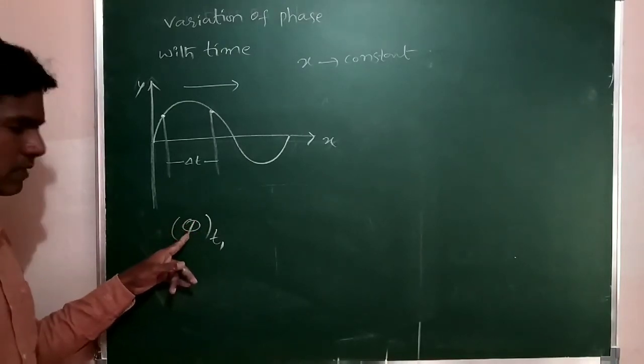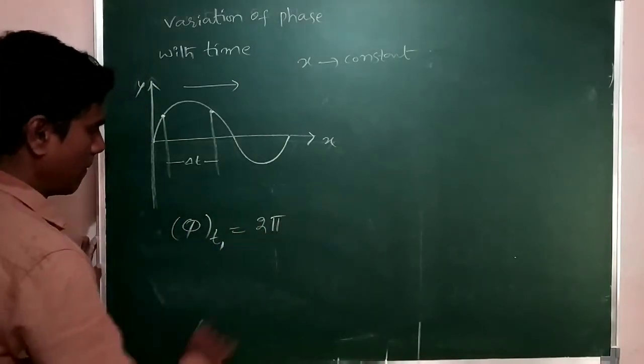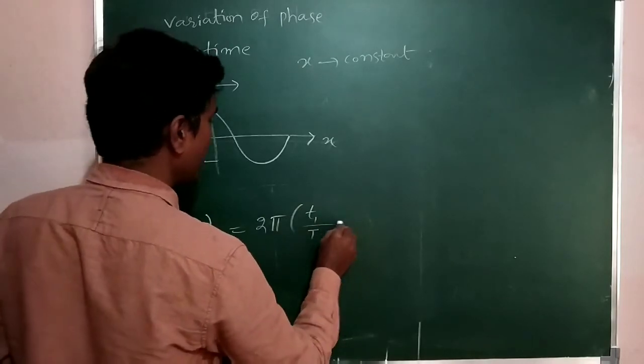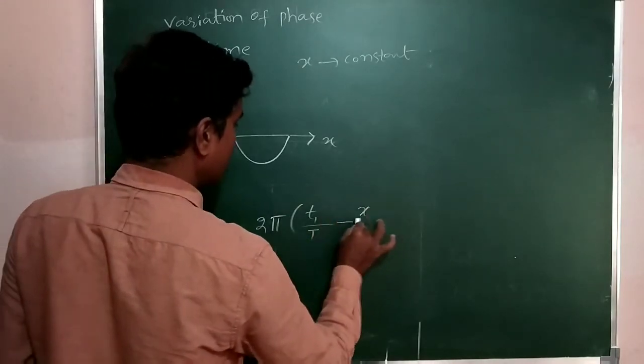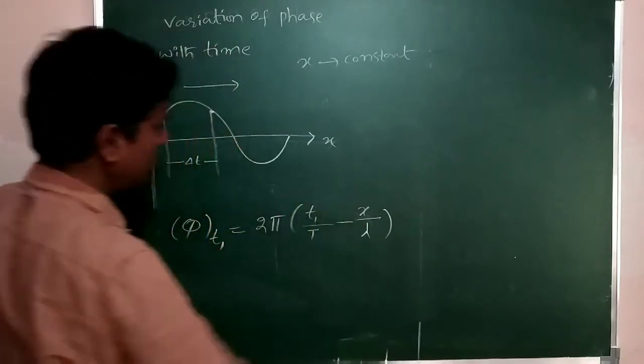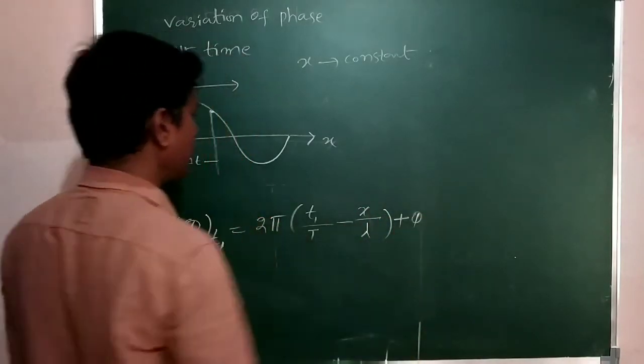The phase phi of t1 is equal to 2 pi of t1 by capital T minus x by lambda, plus the total phase of the wave is phi.